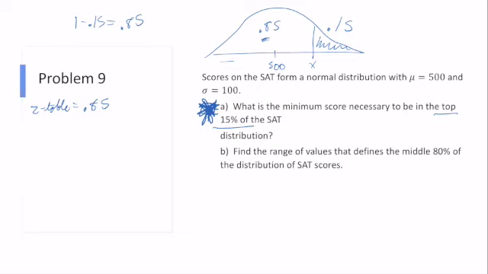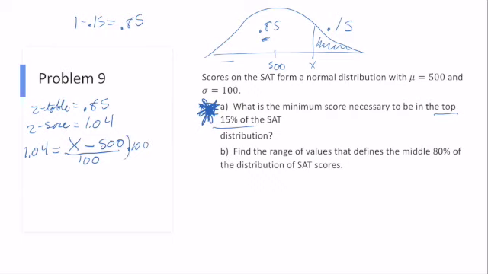So I go to my z table of 0.85 and I find a z-score of 1.04. So now I take 1.04 equals our data value minus our mean over our standard deviation, and I solve for x. I multiply both sides by 100, right?